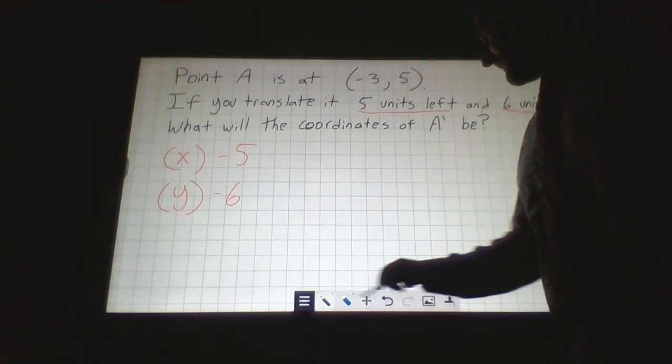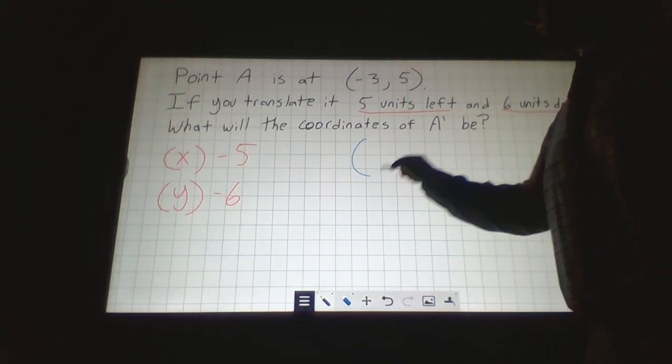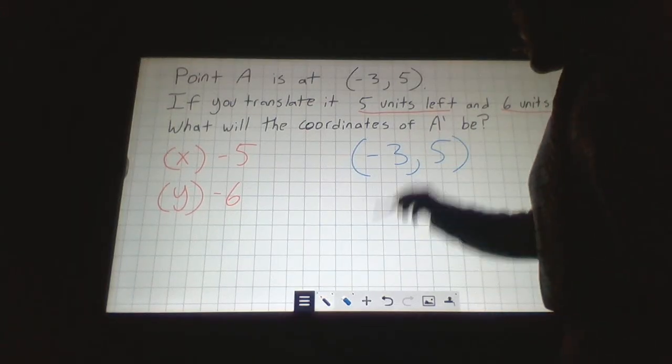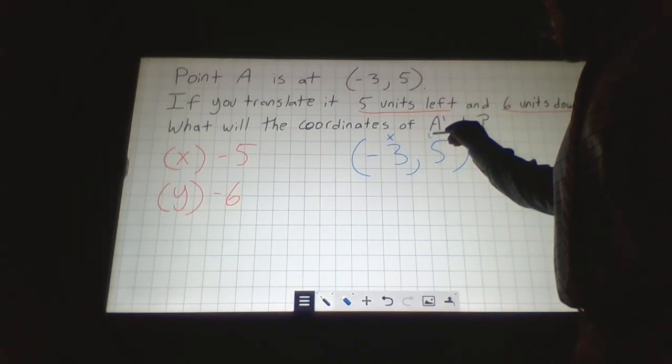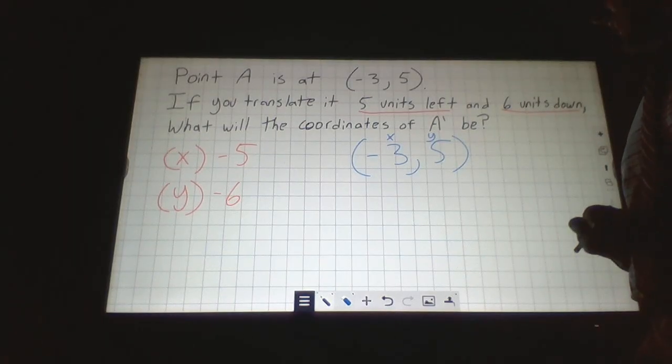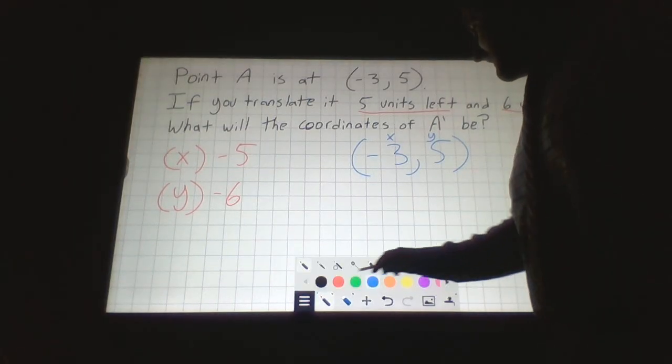So if we're starting with (-3, 5), don't forget that a coordinate is nothing more than an x value and a y value for that point.